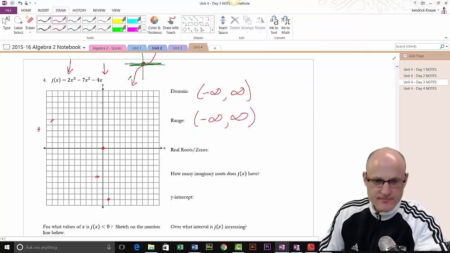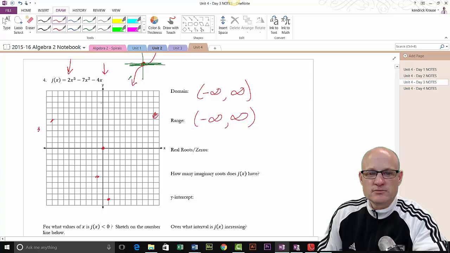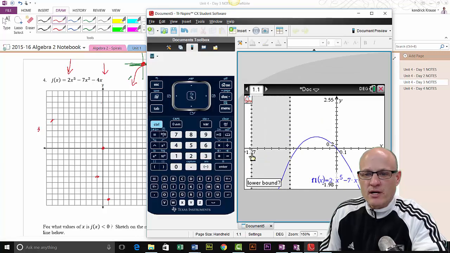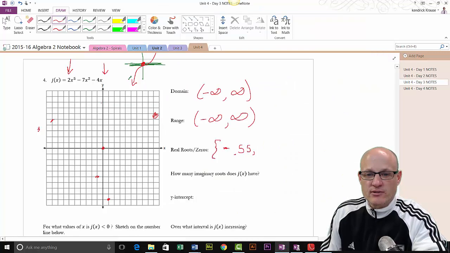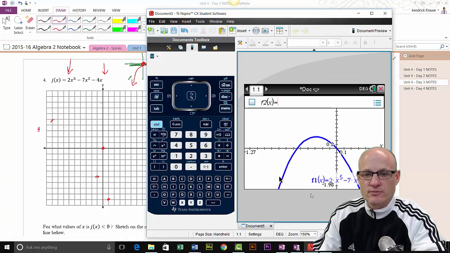So I'll come back over here and I'll say negative 0.55 is one of my roots. My other one is 0. That's easy. Now I have another root.